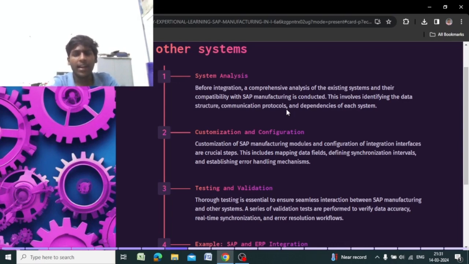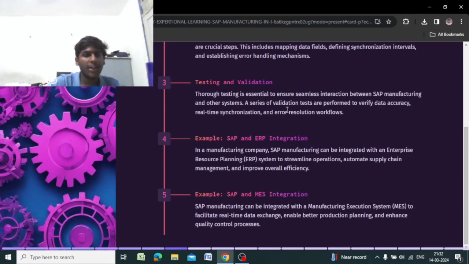And testing and validation is a must in this, because without testing and validation it cannot happen. Data accuracy will be checked, along with real-time synchronization and error resolution workflows. So this will help in improving the company, and overall it will lead to growth of the company, which will lead to a successful company.